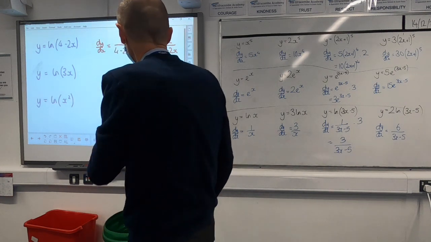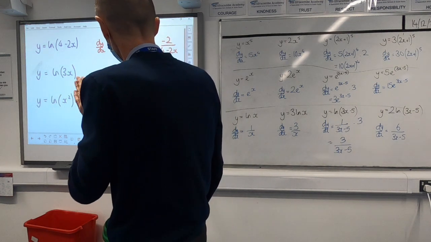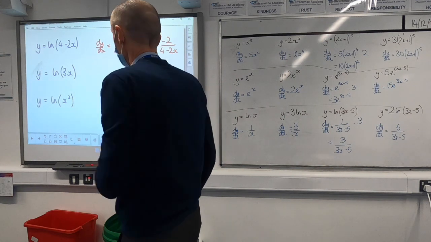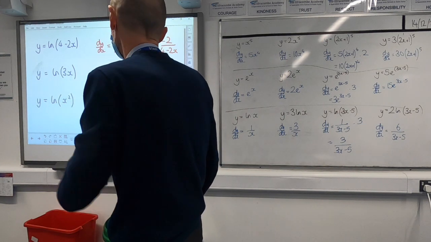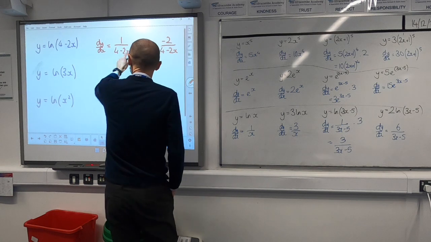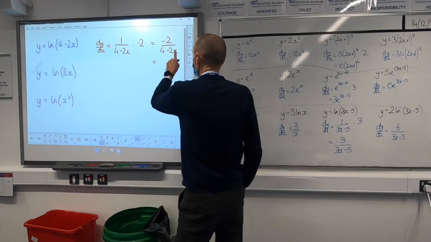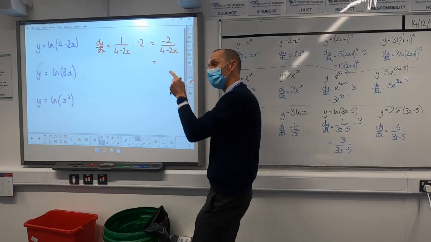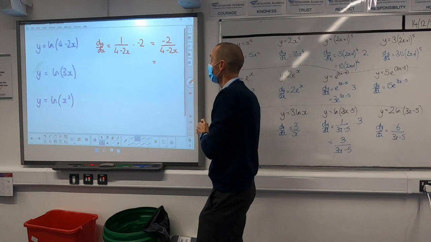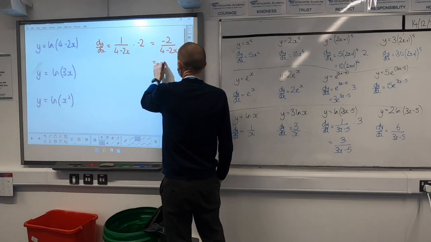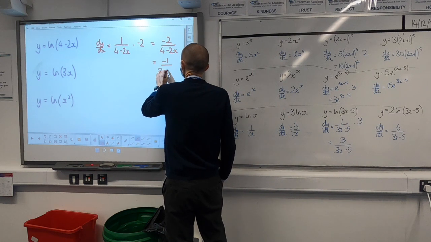I don't know if you noticed in the first one, so you get 1 over whatever's in the bracket, 4 minus 2x in this case, but then you multiply by what you get when you differentiate that, which is minus 2. So that gives you that. And we can only do this if everything can be divided, but in this case, everything can be divided by 2, can't it? So I get a minus 1 over 2 minus x.